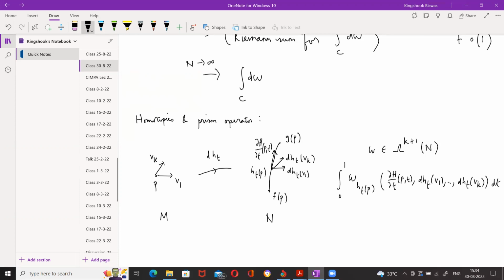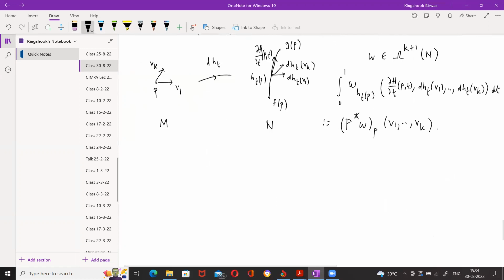And this is defined to be P star omega at the point P, acting on the k vectors v1 to vk. Right? Okay, so P star omega is a k form on M.